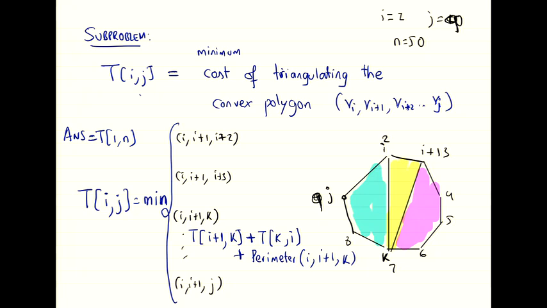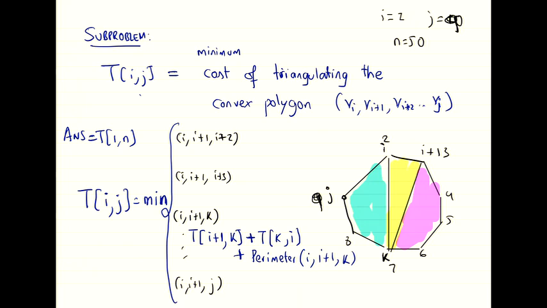Oh, it's the definition of the subproblem. So T of, let's say n is 50. If you ask me T of 25, 3, you count up from 25, 26, 27, to 50, 1, 2, 3. If you ask me what's T of 3 to 25, it would be all numbers from 3 to 25.